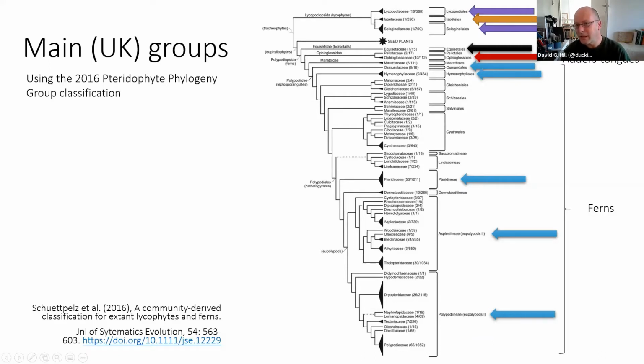So we have club mosses, quillworts and spike mosses, this top group. Then we have horsetails, which are familiar to a lot of people, adder's tongues, the Ophioglossales, and then several representatives further down of what we tend to think of as the traditional fern. A lot of these other groups you don't find in a British fern flora. Some of these are tropical or neotropical species, but we do have a nice number to try and get your head around.